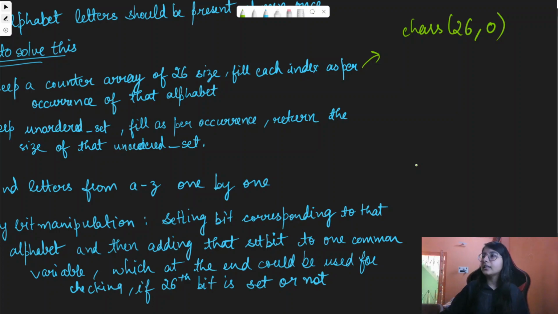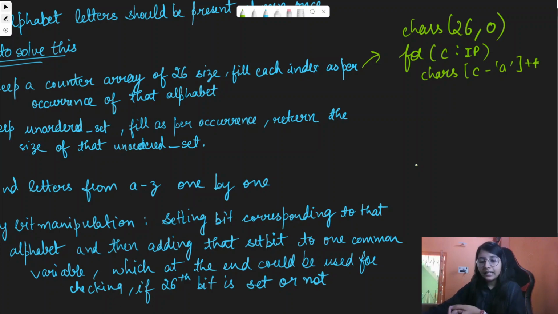In that context, we will be checking each letter in the input which is given to us, and doing chars of c minus 'a' plus plus. Because of this, we are filling that index.